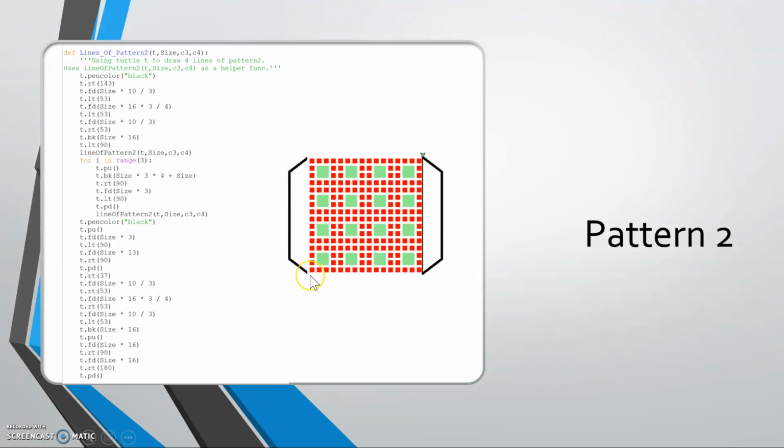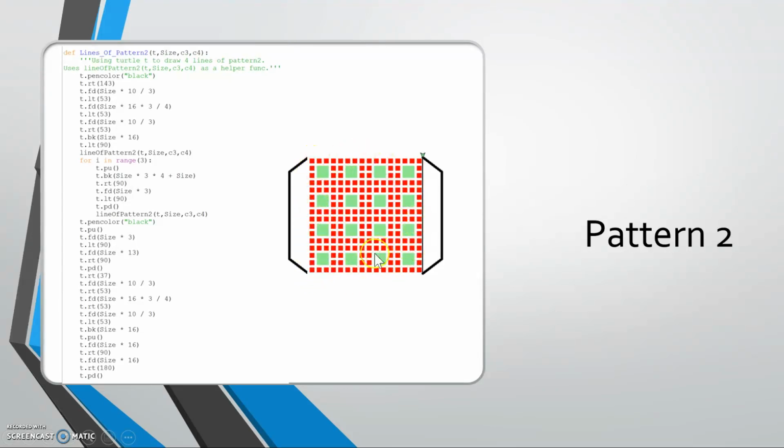After that I let it turn right for 53 degrees, and I let it go back for 16 slices, because there's totally 16 squares on the side of the four lines of pattern 2.